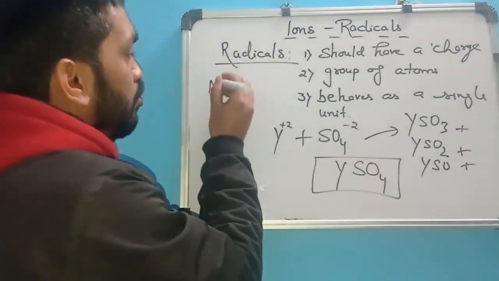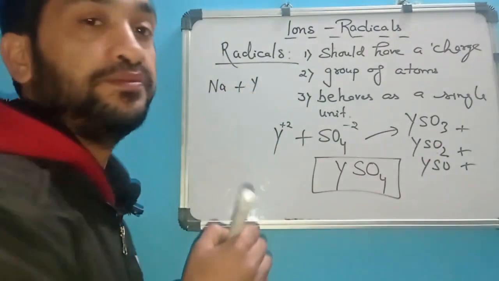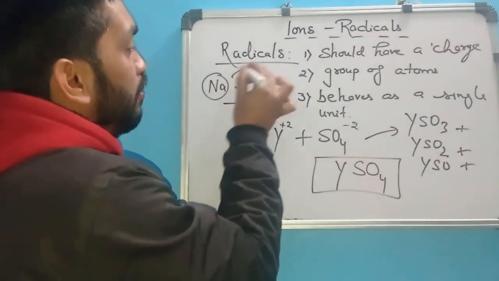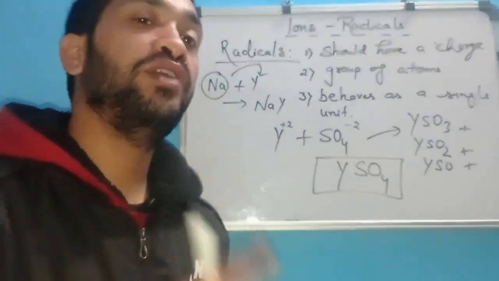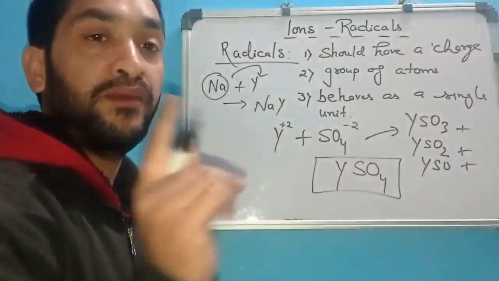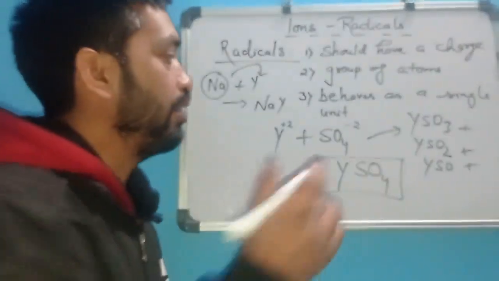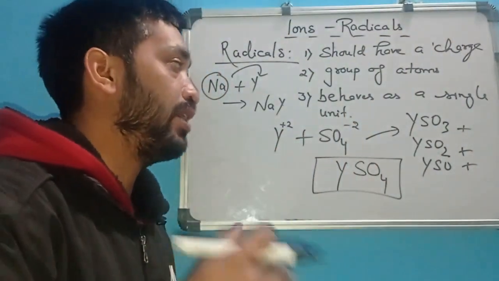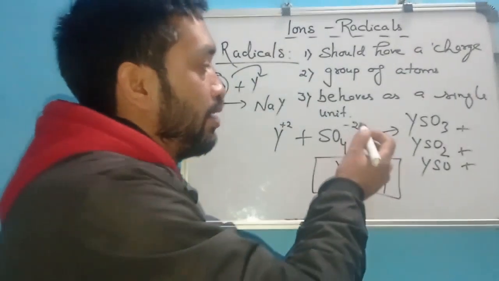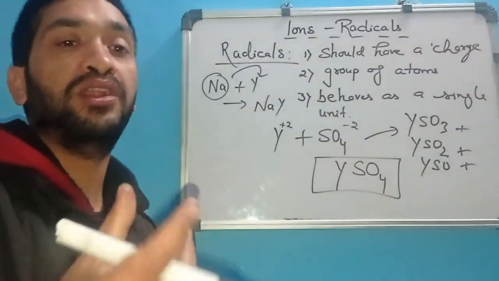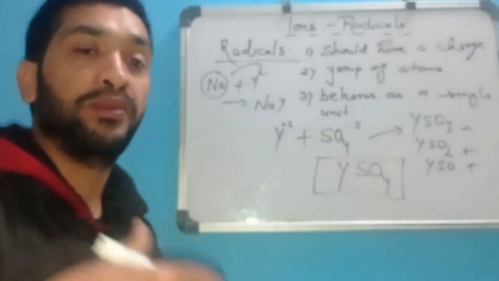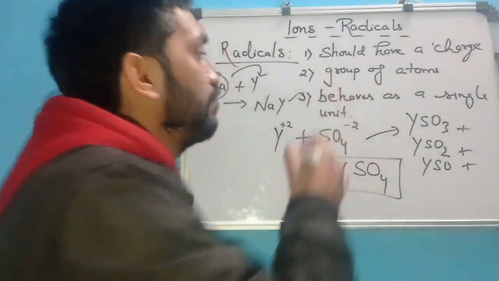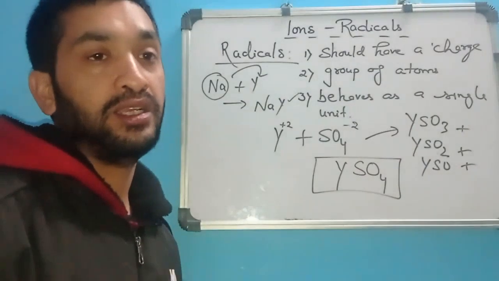See, suppose Na wants to react with Y. It will give NaY. So whole of the Na migrated. This means Na behaved as a single unit. In the same way, SO4 -2, if it is having a reaction with any of the element or any of the species, it will migrate as a whole. It won't break into parts, meaning SO4 won't become SO3 or SO2. It will go as SO4 only. That is the meaning of behaves as a single unit.